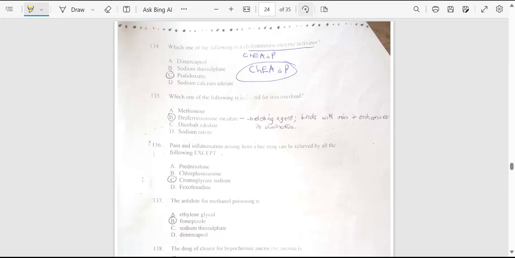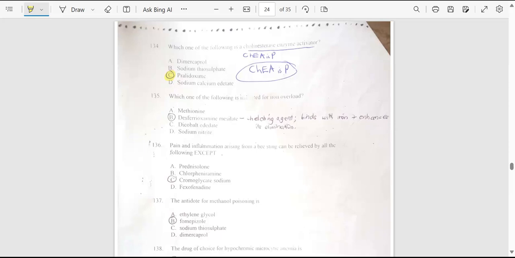So pralidoxime is the antidote for organophosphate poisoning. So 135.